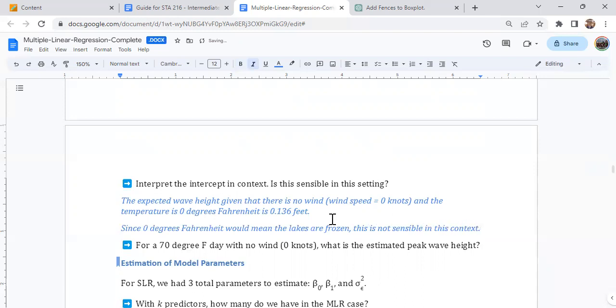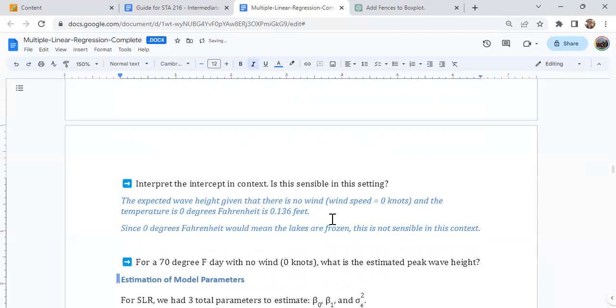Okay, so again, there are 2 factors to consider. First, is it sensible, just knowing what we know about that given scenario? And second, is it extrapolation? Is that outside the range of the observed data set? Sensibility is problematic here. What about extrapolation?